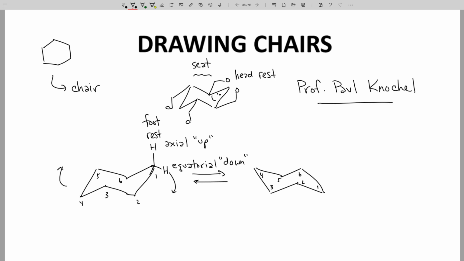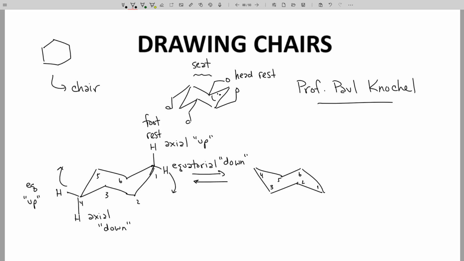Let's go to carbon 4. And there's our axial and equatorial positions. Note that in this case, the axial is definitely pointed down from the ring, and the equatorial hydrogen, even though it lies roughly within the plane of the molecule, is definitely up. So every carbon has an up and down position.